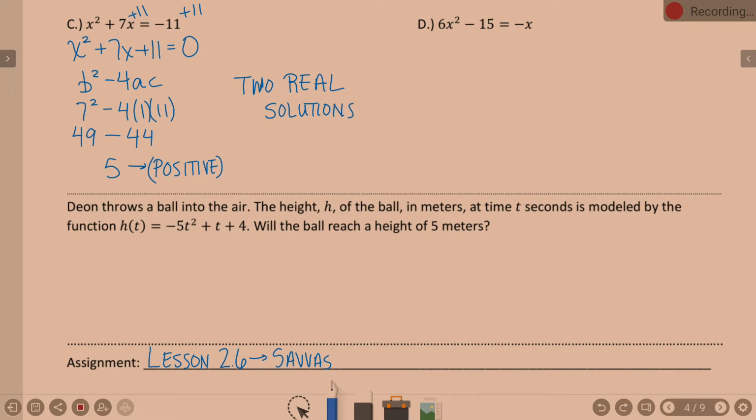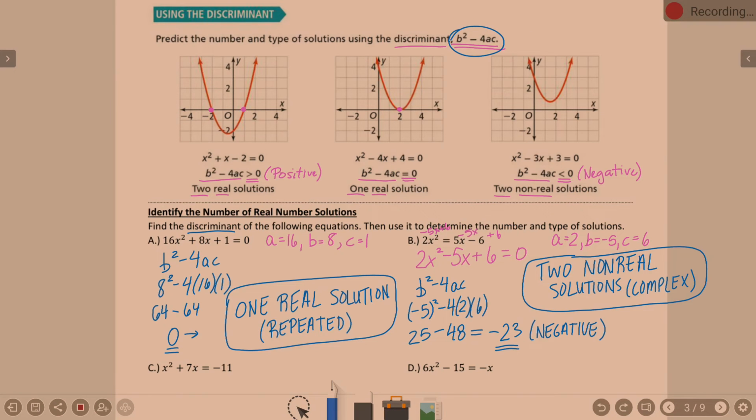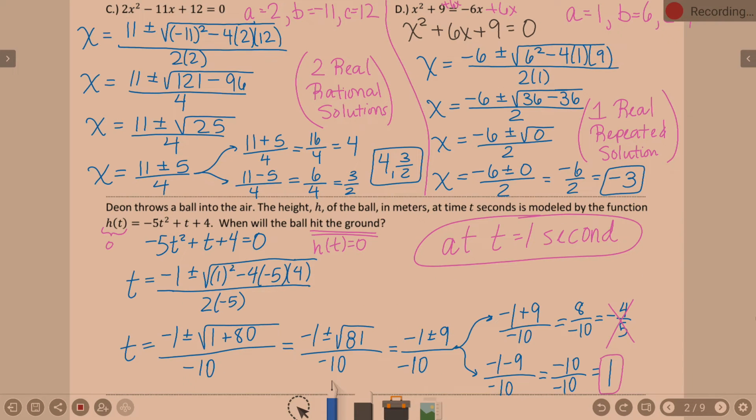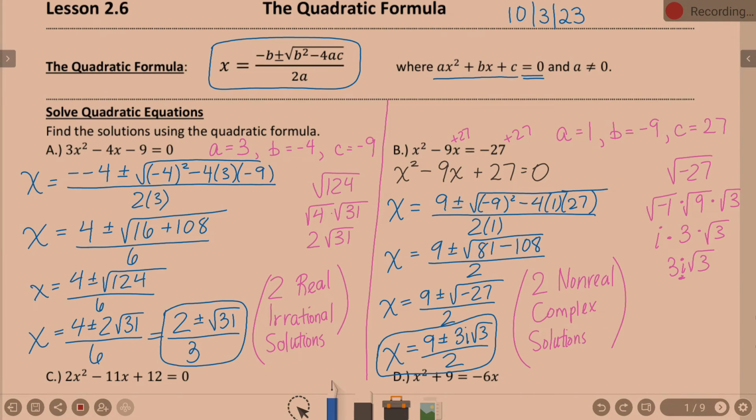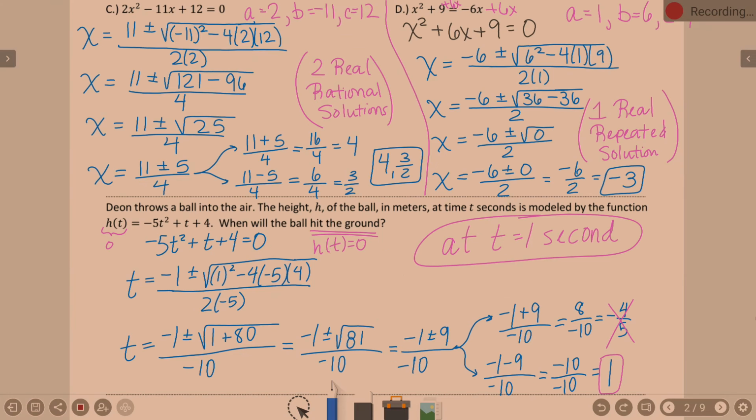If you go back and look at yesterday, one example was irrational because the number under the square root, we couldn't do it: the square root of 31. In C, the number under the square root was 25.